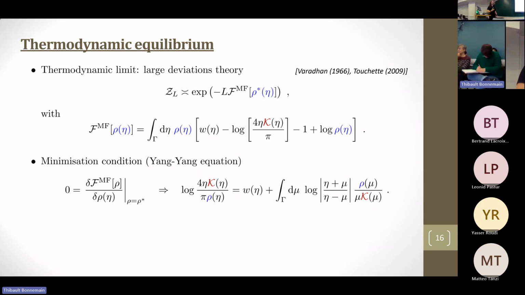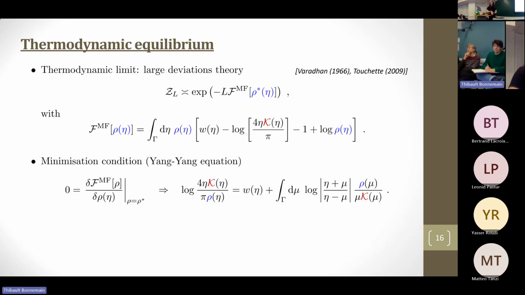But here, what's important is that K is uniquely determined by rho through the asymptotic space relation, and this in turn uniquely determines rho in terms of the betas of your GGE. So this specifies my equilibrium states.